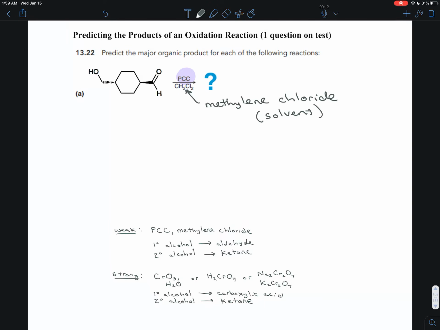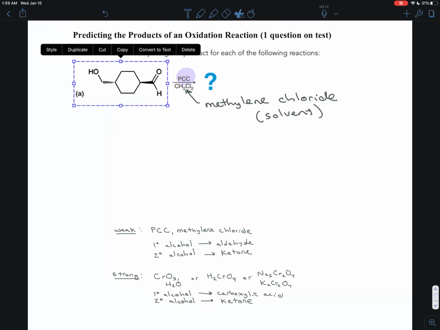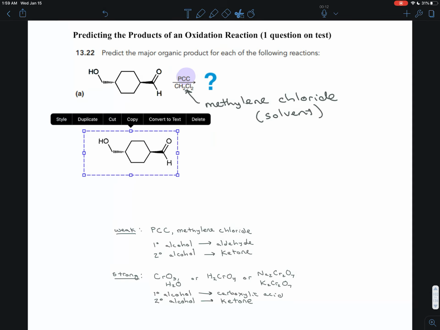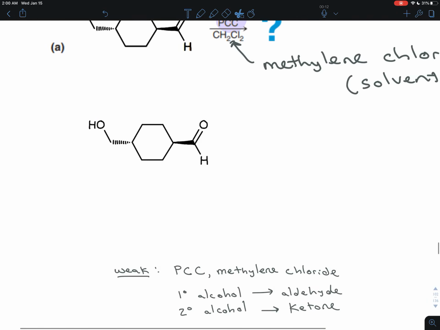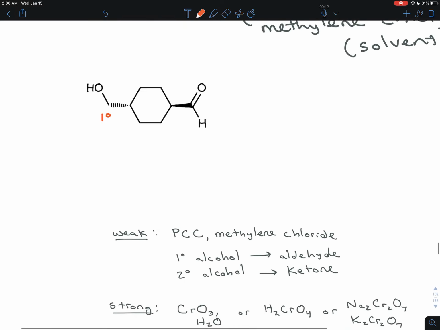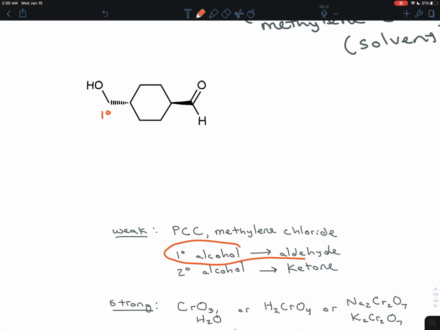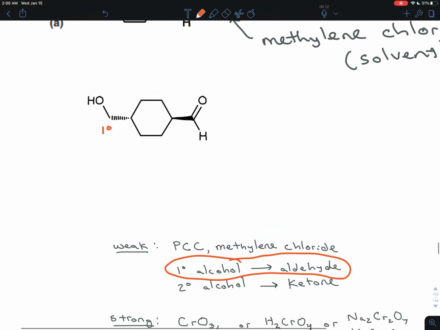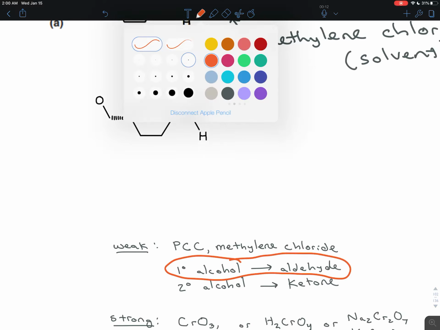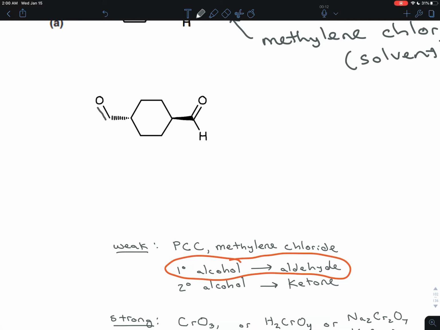So we have an alcohol. What type of an alcohol do we have? Here, let me just, so I can mark it up, I'll put that over here. Let's look at the carbon that has the OH on it. That's bonded to just one other carbon, so that is a primary alcohol. And PCC turns a primary alcohol into an aldehyde. So we can erase this H, draw a pi bond in, and if you want, you can draw the hydrogen in.